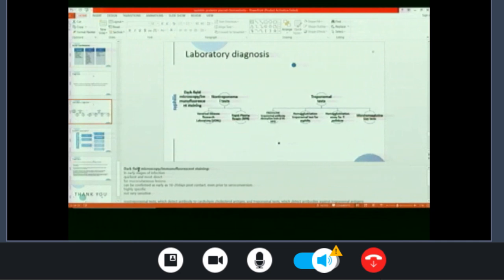They can do dark field microscopy and immunofluorescence as an early and quick test, but this one can miss. For the RPR and VDRL, I don't know exactly if it is negative, whether it rules out syphilis. It doesn't rule it out. No.